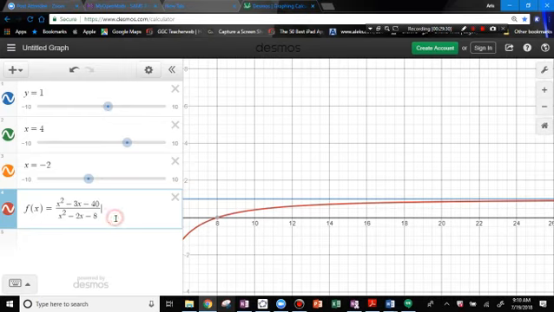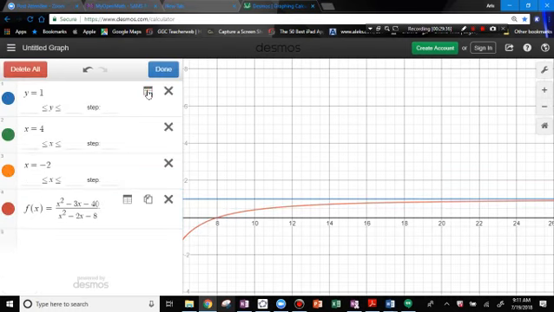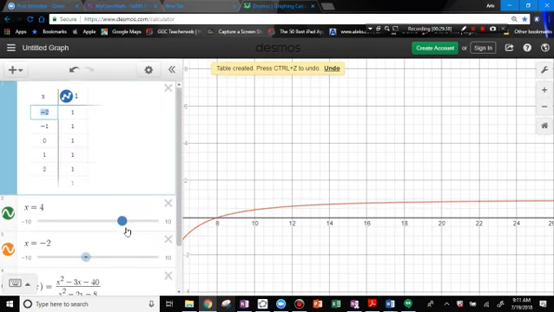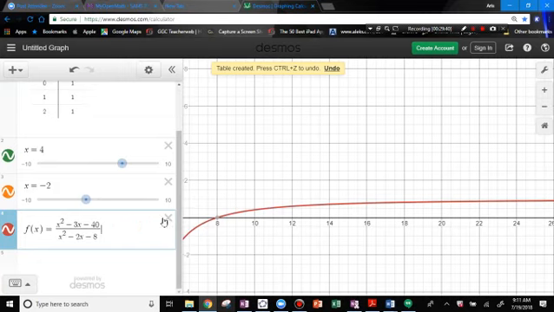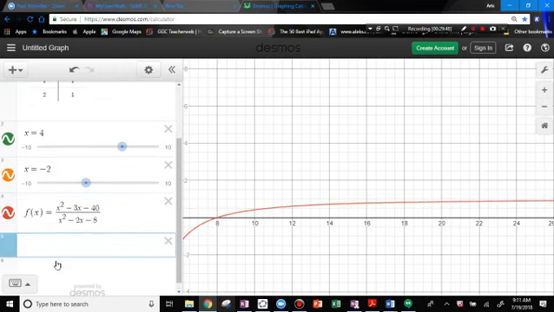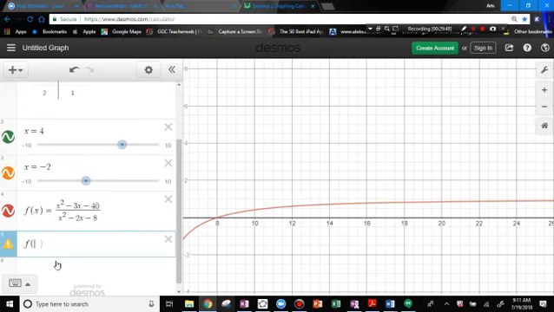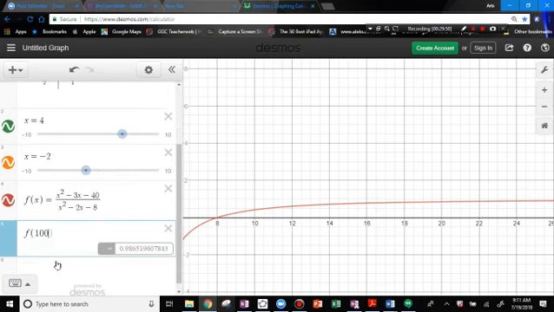So if I do a table here for f of x, what is f of 100? 0.98. What's f of 1,000? 0.998. 10,000?